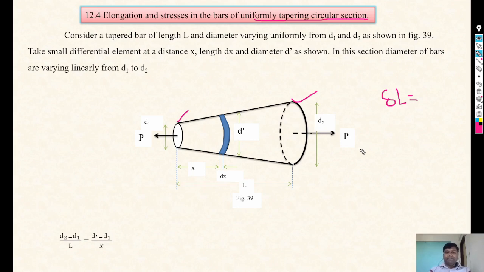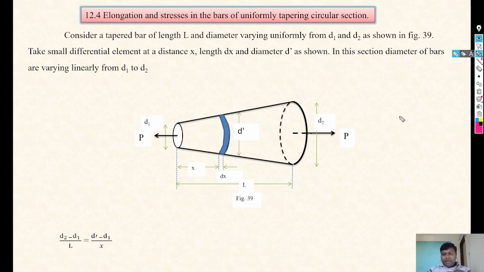Tapering section means the dimensions vary from first to last. If you consider any section at any location, the dimension at that location is different compared to the start and end points of that section.